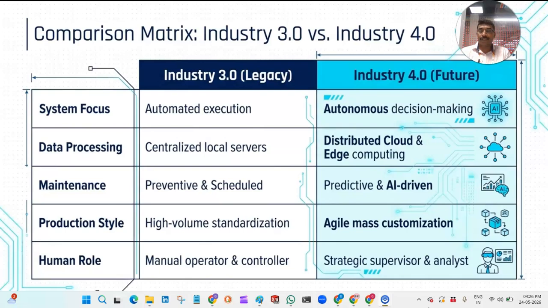He gets the data from the processor, and out of the data he gets recommendations from the AI, and from the recommendations he selects the most optimum one. That can also be done by the AI, but the final decision is taken by the human operator or analyst, who is the strategic supervisor for all the manufacturing activity.